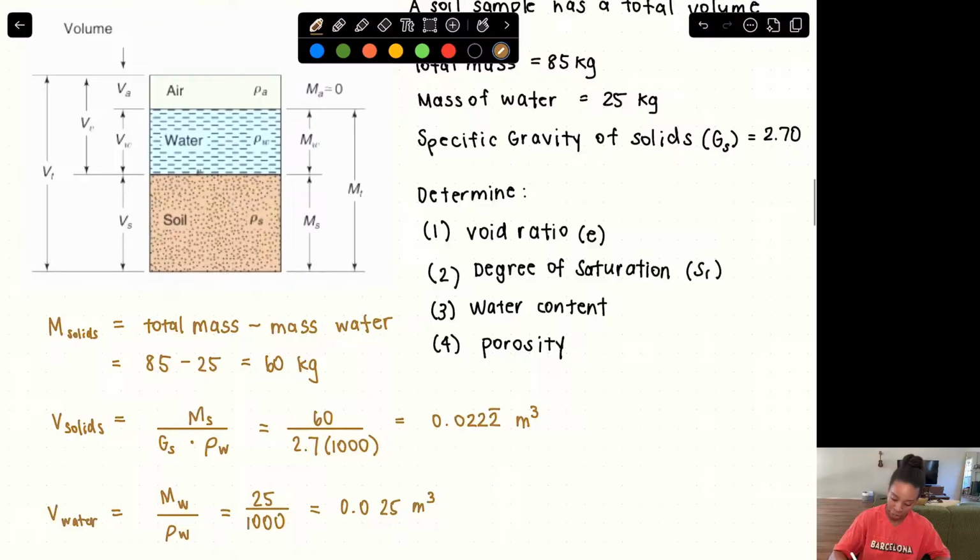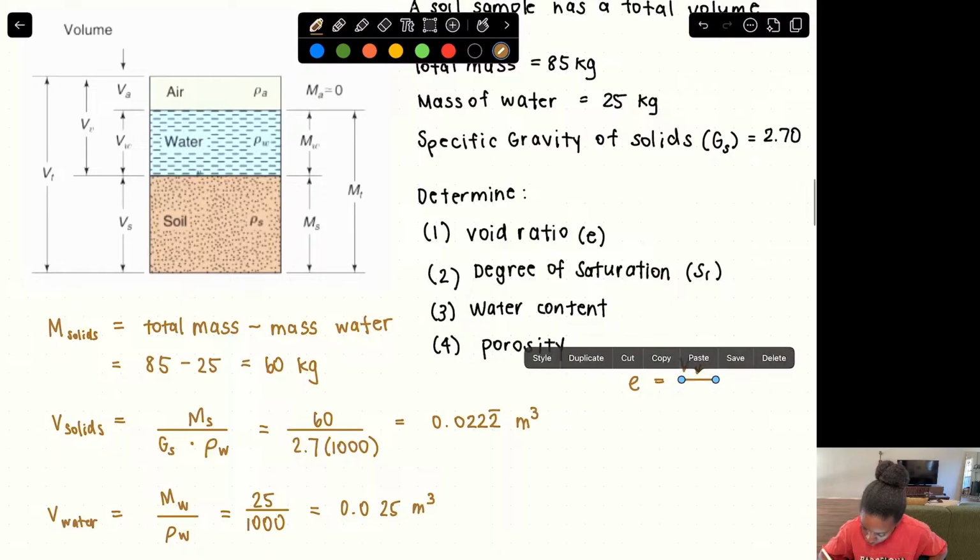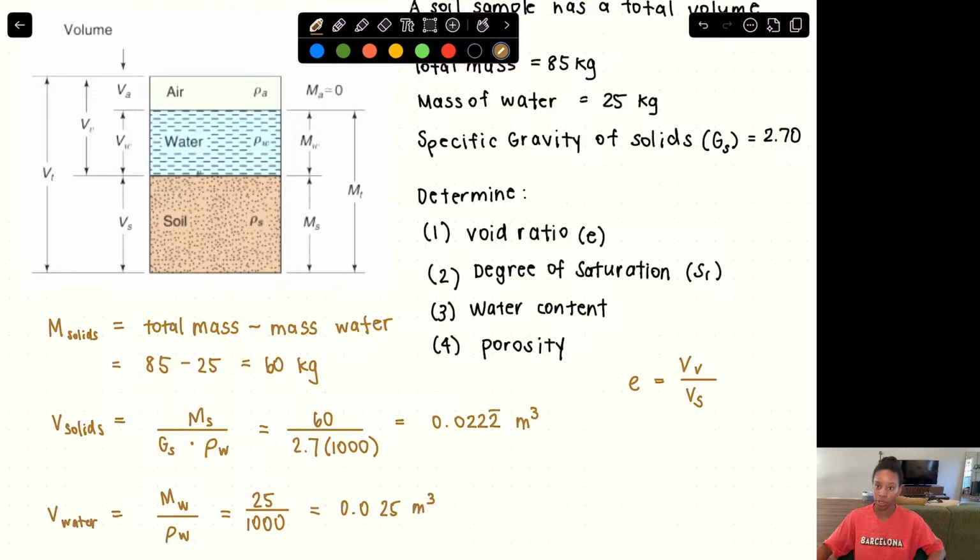Because we're still working on number 1, determining the void ratio, and the void ratio is, according to the FE reference manual, going to be the volume of voids divided by the volume of solids. Let me specifically look up what the void ratio is.